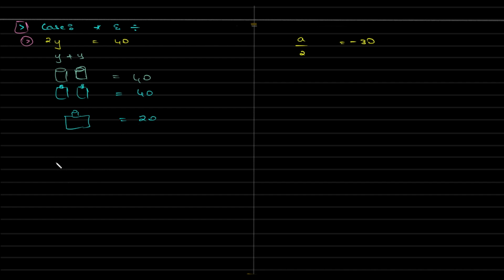So we have 2y is equal to 40. You divide by 2 on both the sides. If I divide by 2 on both the sides, I'll get 2 divided by 2 is 1, and 40 divided by 2 is 20. All I have to do is look at the coefficient and take the multiplicative inverse of that. In this case, the multiplicative inverse of 2 is 1 by 2.